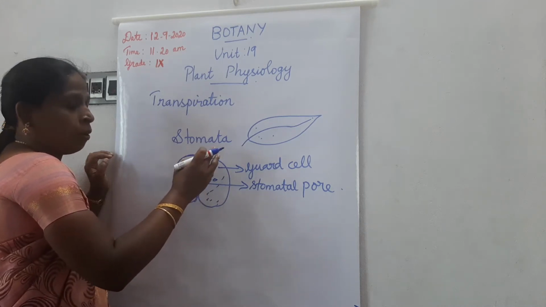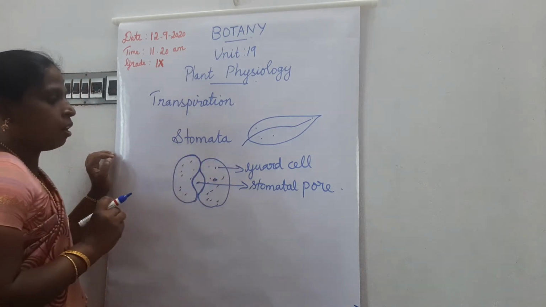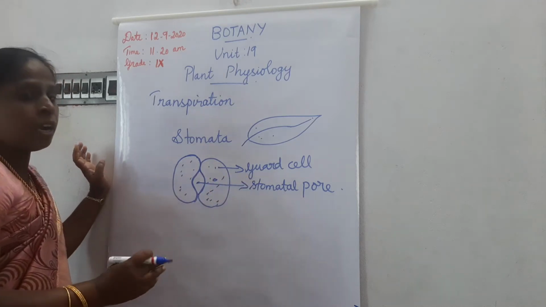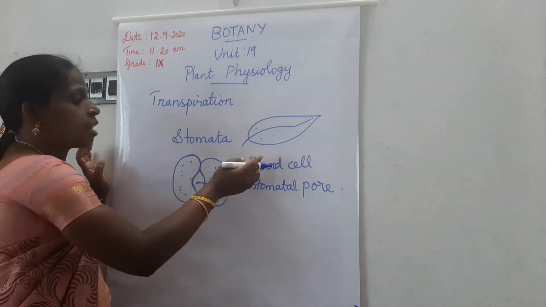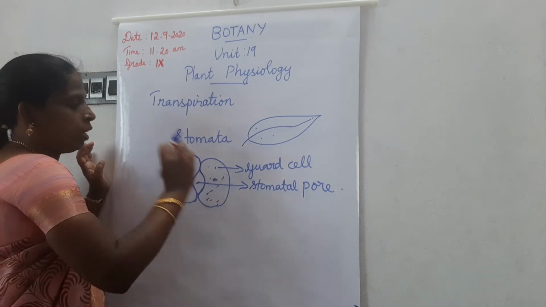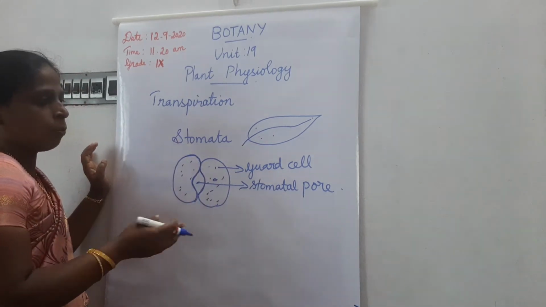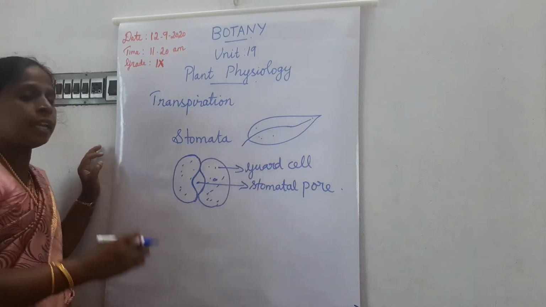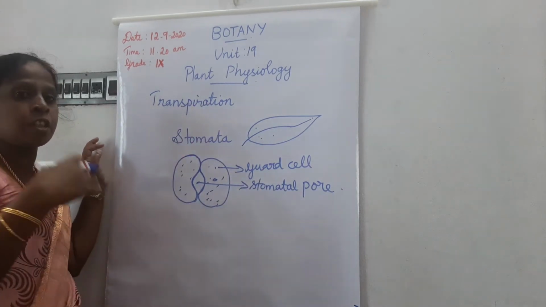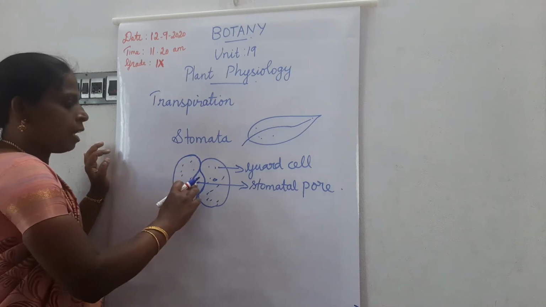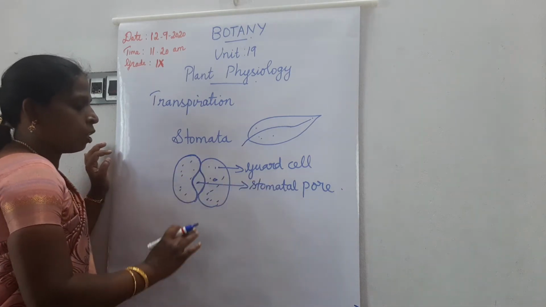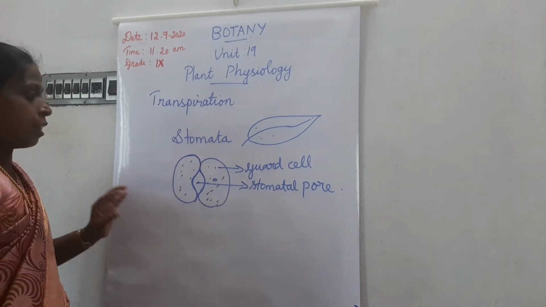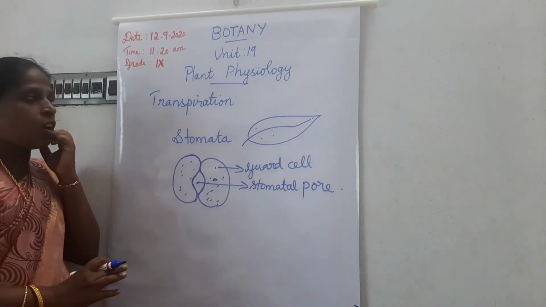When water enters inside the guard cell, the stomatal pore opens, and when the water is released outside from the guard cell, the stomatal pore closes. During daytime the stomatal pore is open and the transpiration rate is more. During night time the stomatal pore is closed and the transpiration rate is very less.